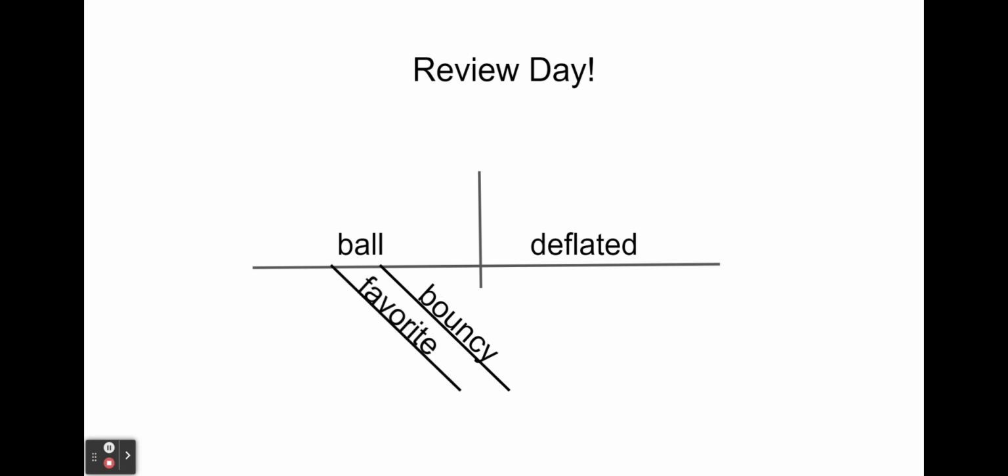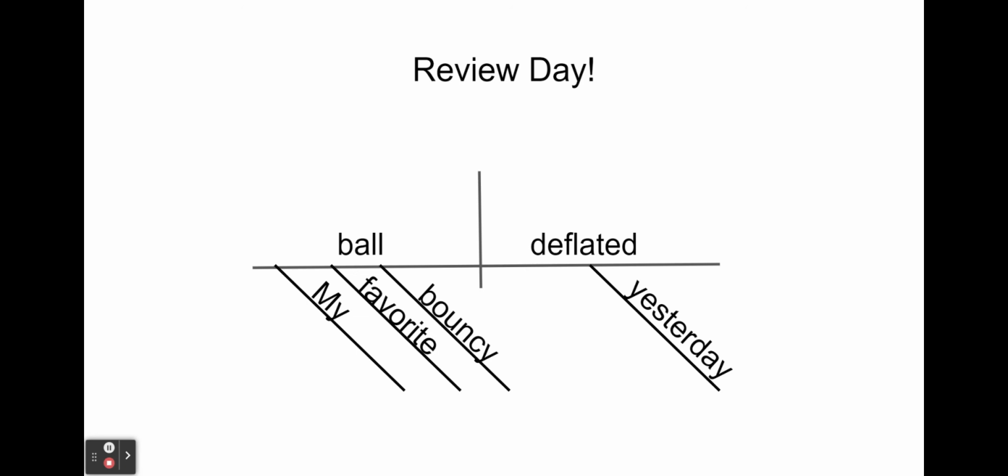Favorite is also an adjective describing ball. My is also working as an adjective describing ball. Whose ball? My ball. So my favorite bouncy ball deflated. We have one more word in this sentence. Yesterday. Deflated when? Yesterday. So yesterday is an adverb describing deflated.